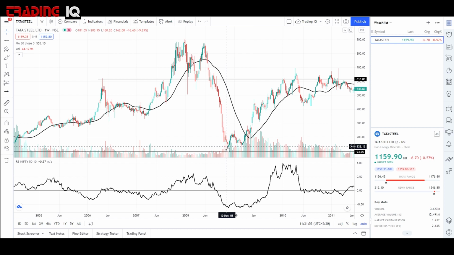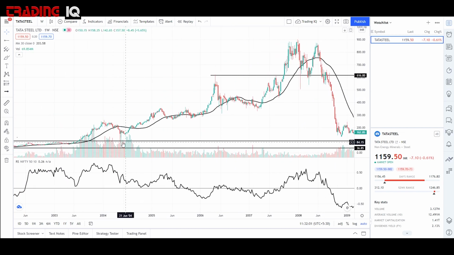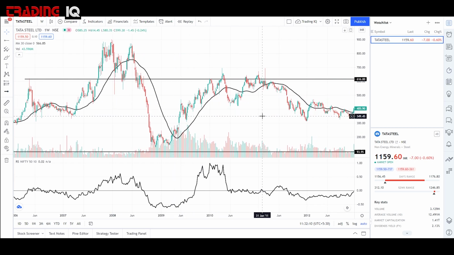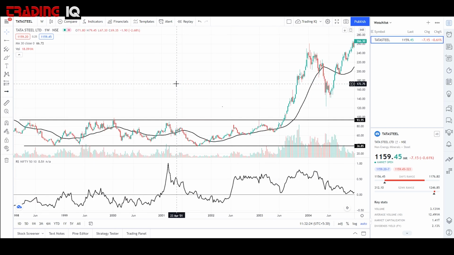You see, during the economic collapse in 2008, it tried to reach that level, and since this is now acting as a support, which is a demand zone, there is a huge demand here, and the price rebounded from here and saw a new high, right? So this is acting as support. Once the price breaks out of a resistance level, it acts as a support level. Similarly, if the price breaks out of a support level, then it acts as a resistance level.